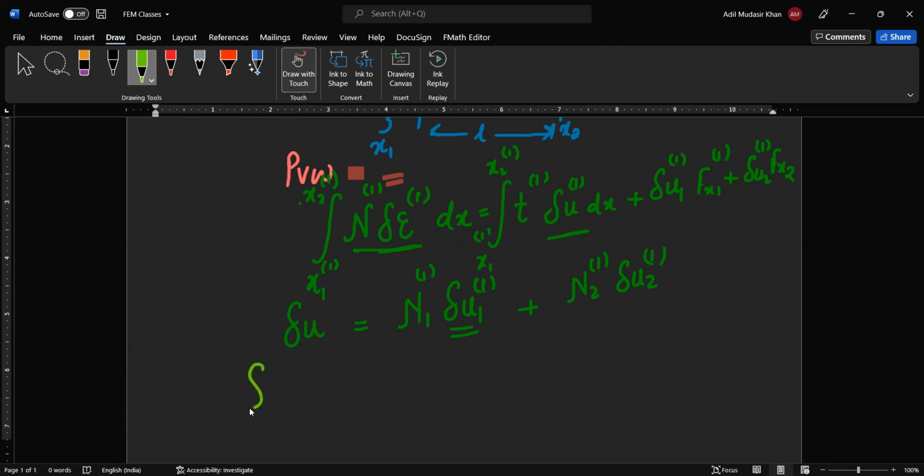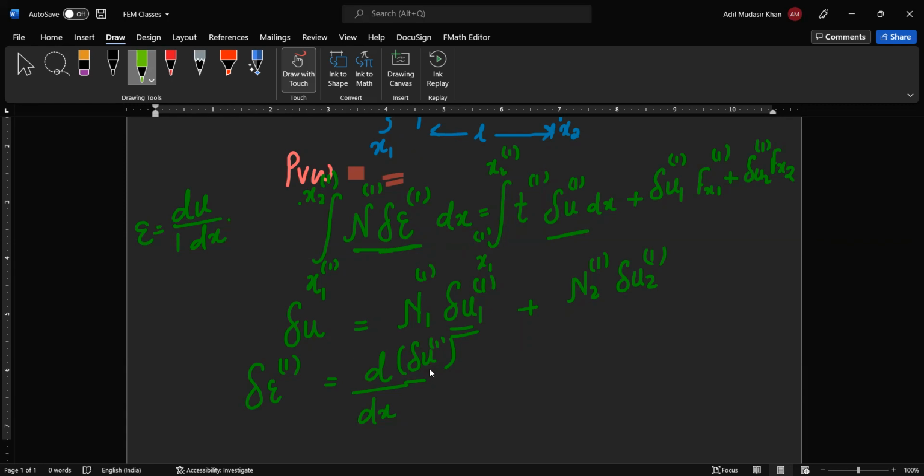We can write the virtual strain for element 1 to be equal to d by dx of del u, because we know that strain is written as du by dx.